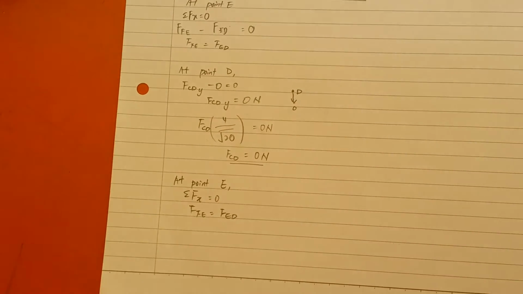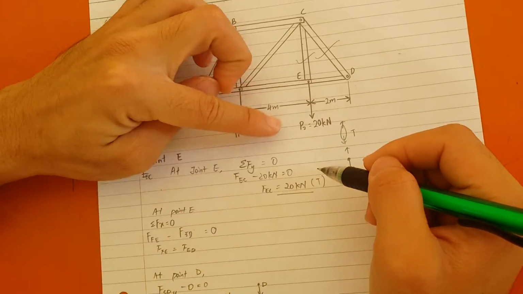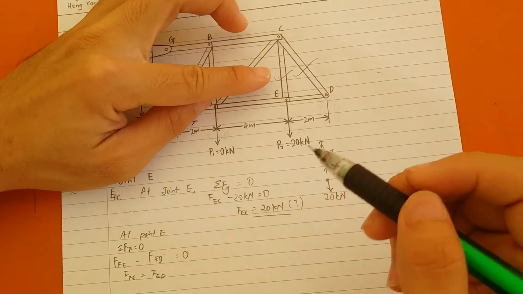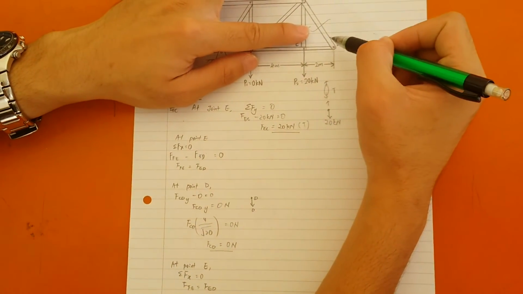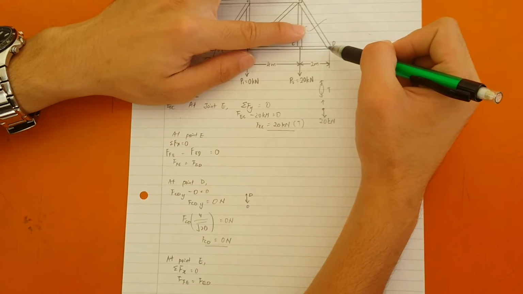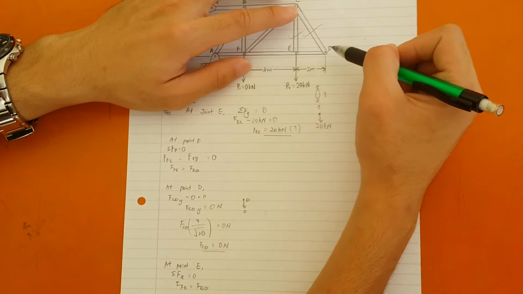Due to FCD being 0 kilonewton, the y component is 0, and meanwhile the x component is 0 as well.